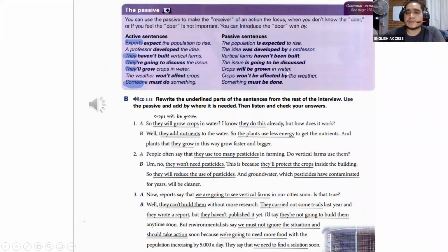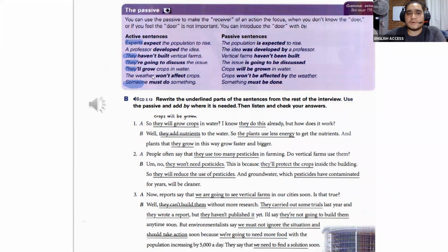So we don't have to introduce it with by. In the case of a professor developed the idea, it is important to introduce that this was developed by a professor, not just anyone, right?